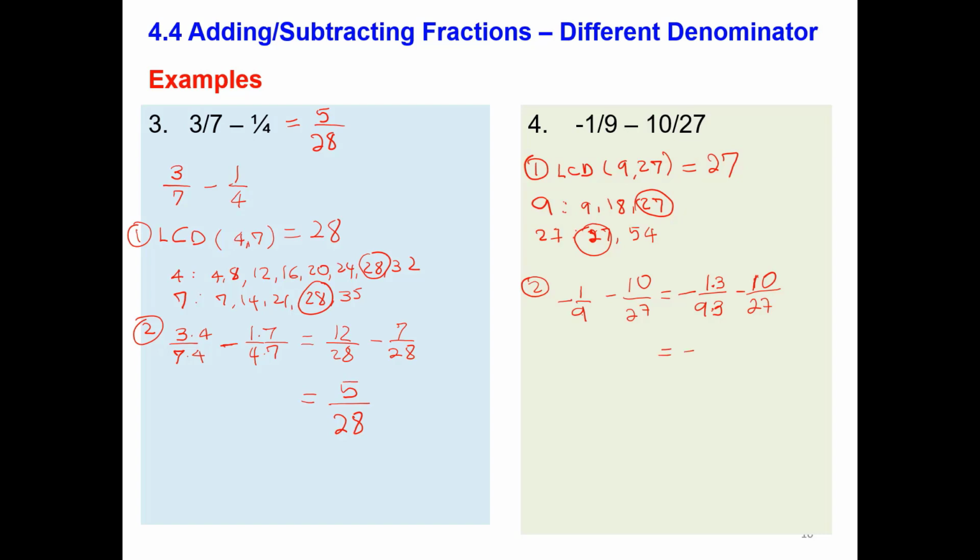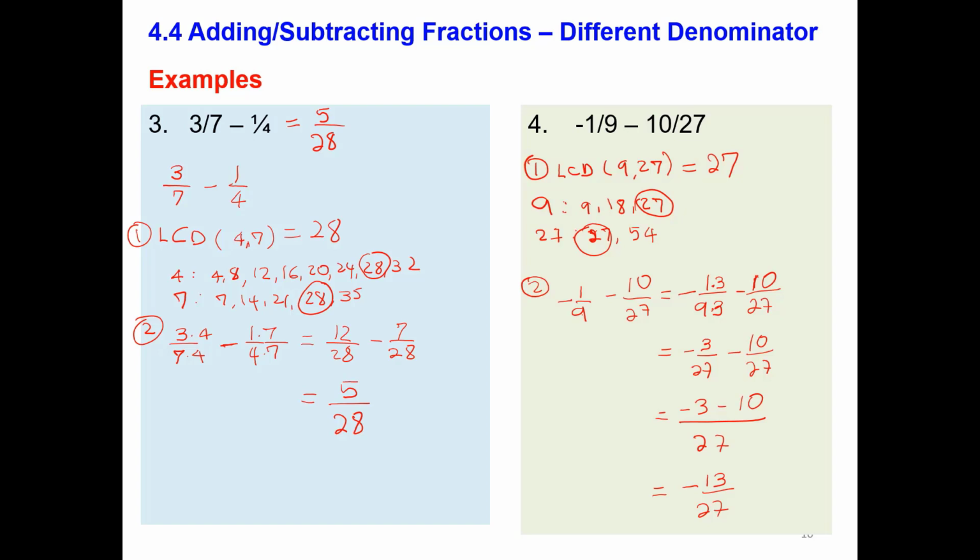Then 1 times 3 is 3, 9 times 3 is 27, minus 10/27. Then we keep the same denominator, and because both are negative, we add the numbers together and keep the same denominator.